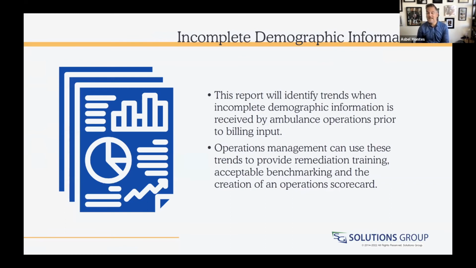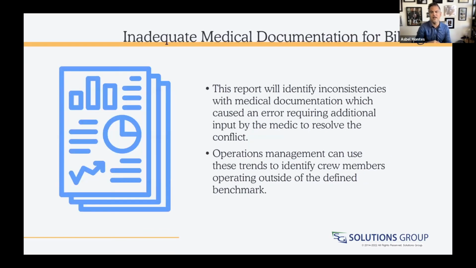You may have to do your setup in your EPCR system or your billing system, but this is stuff that I've seen in most of the major EMS billing systems, that you do have the ability to report this, and the billing agencies on what's incomplete, what's not incomplete is great feedback to get back, and you can actually score and say, okay, 80% of our crews are getting accurate demographic information, or 70%, whatever that number is. This can help you, and it can actually improve the collections for your revenue cycle.